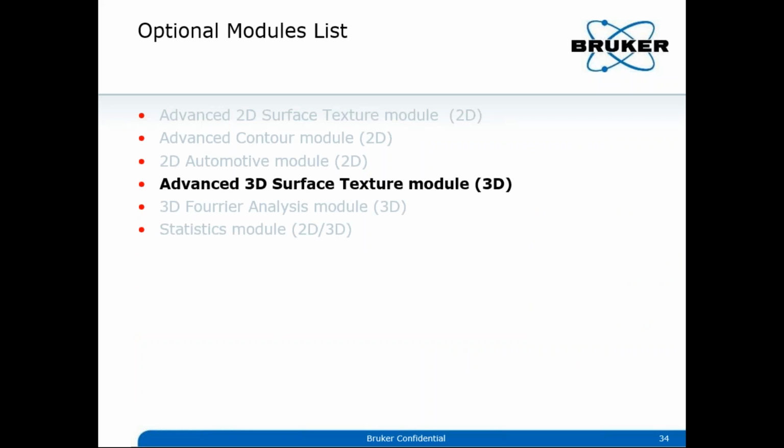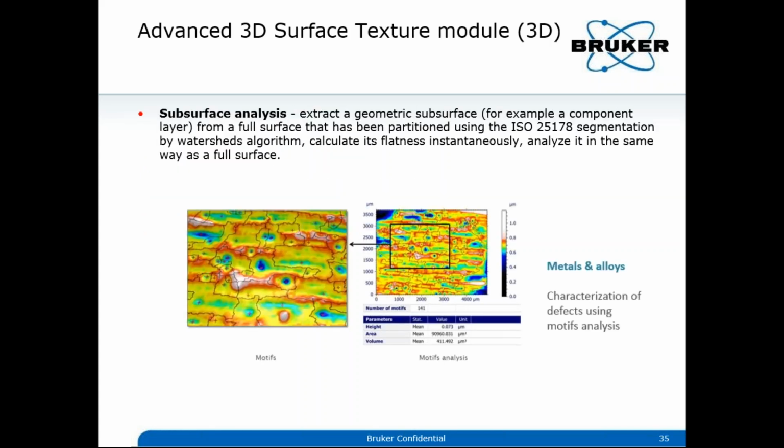The fourth one that I'm going to introduce is the advanced 3D surface texture module. Unlike the previous three modules, this analysis is applicable to 3D data. For subsurface analysis, segmentation is important.